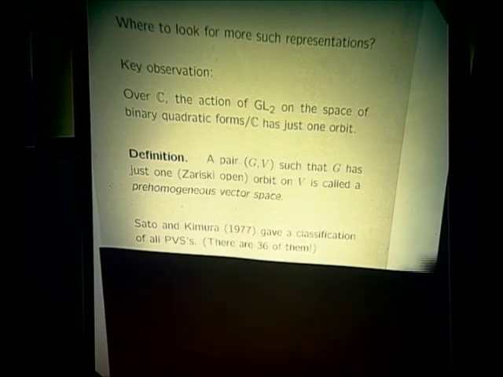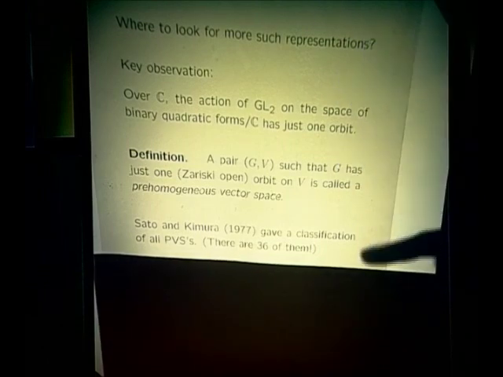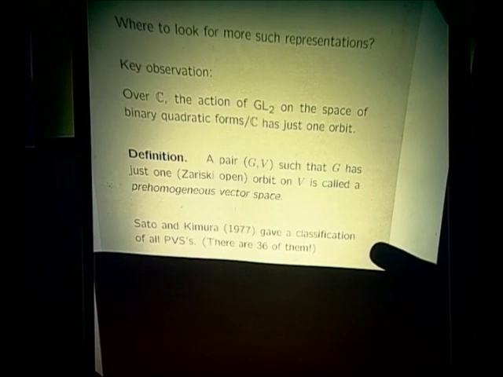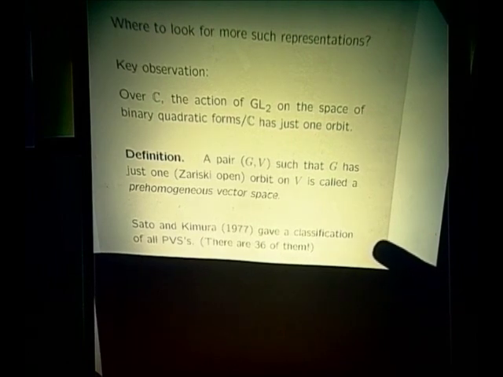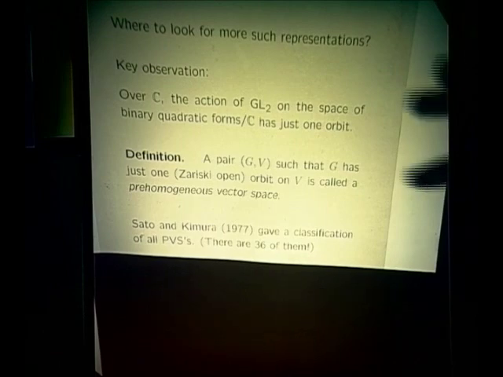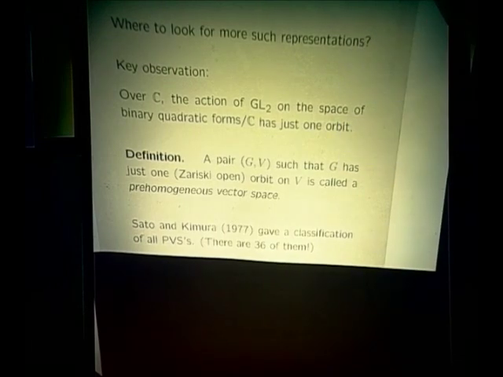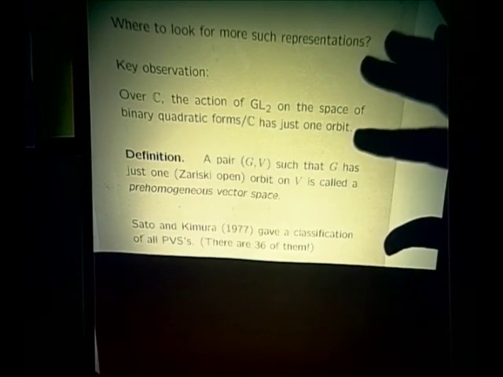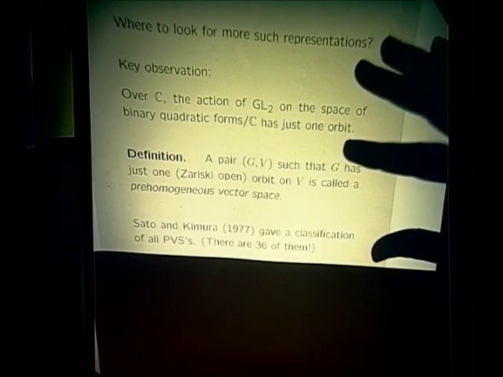And the same question can be asked for other representations that, for people who just study over the complex numbers, are totally boring because they only have one orbit. But if you look over the integers, then there's a possibility that a rich arithmetic structure will emerge. Before looking over the integers, maybe you want to look over a field other than the complex numbers, for example, the rational numbers.